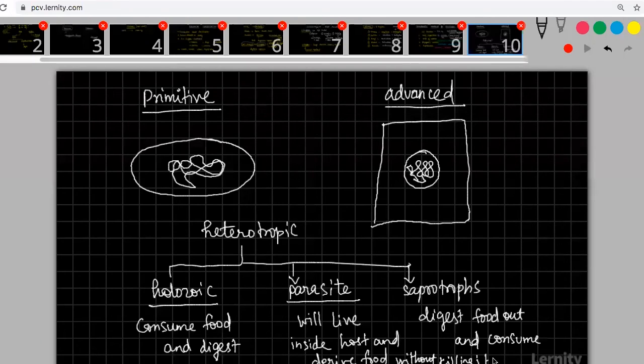Insectivorous plants are phototrophic, but for the need of nitrogen, they are trying to obtain it otherwise. Decomposers are heterotrophs only because they come under the category of saprotroph. Are you guys understanding?